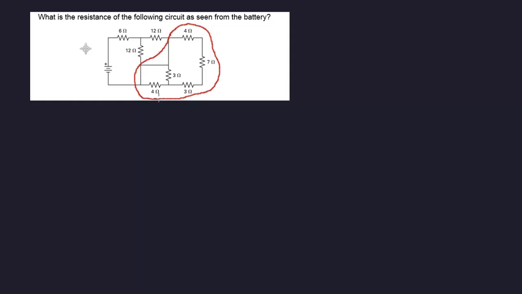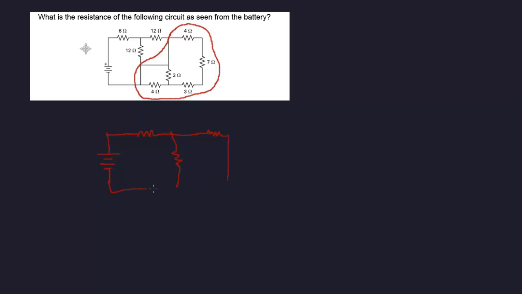So in doing that, we're left with only three resistors. We still have the voltage source and the 6 ohm. I'm drawing really bad today, but you get the point.